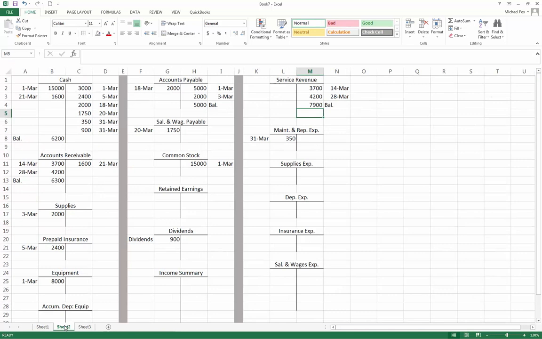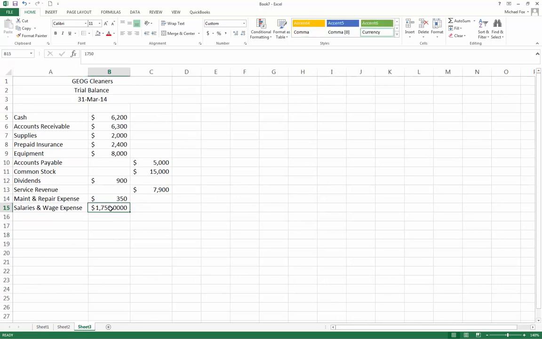You can double check here. Each account that had a balance should show up on my trial balance. And then we'll total them up and hopefully they balance.